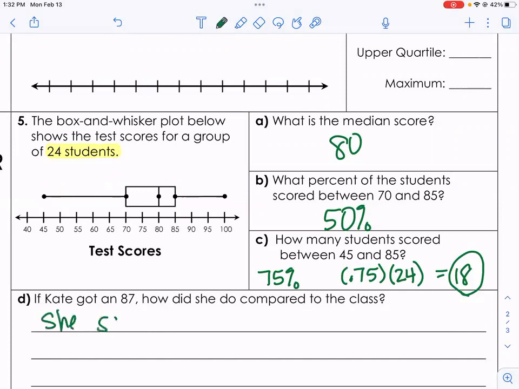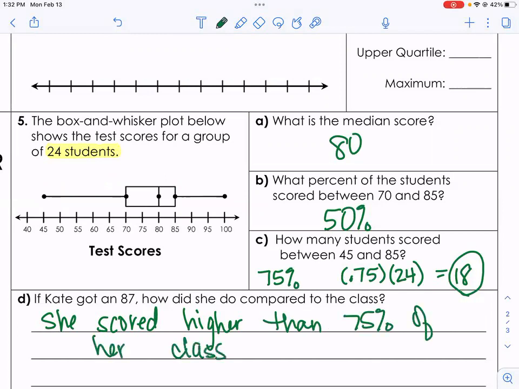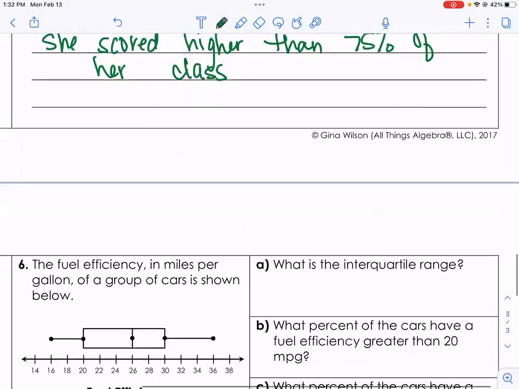She scored higher than 75% of her class, which I would say is pretty good. We're talking about test scores. You want to be in that top whisker, right? Okay. Too exciting, I know. All right, next page.